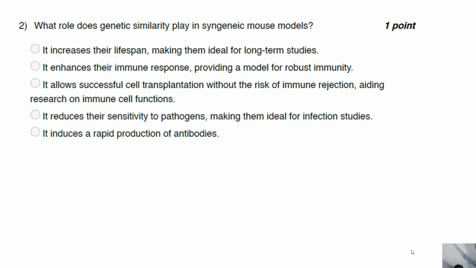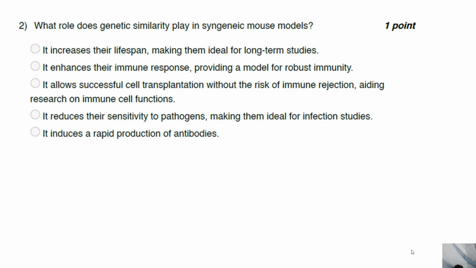C. It allows successful cell transplantation without the risk of immune rejection, aiding research on immune cell functions. D. It reduces the sensitivity to pathogens, making them ideal for infection studies. And E. It induces the rapid production of antibodies.